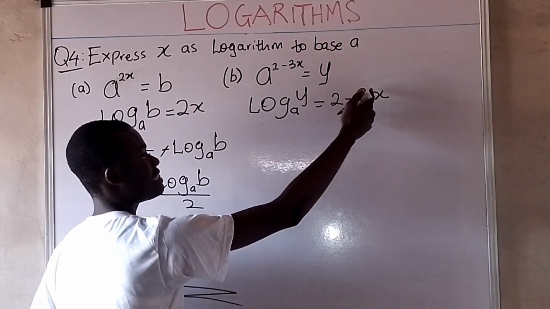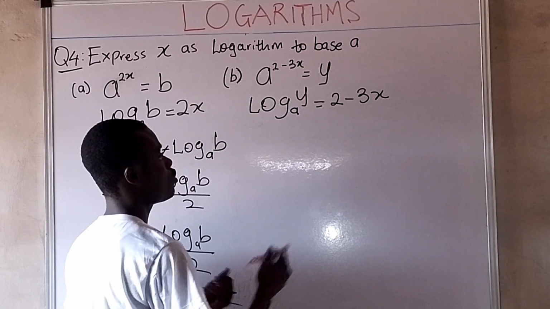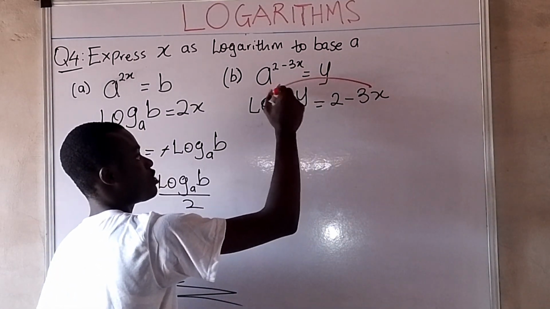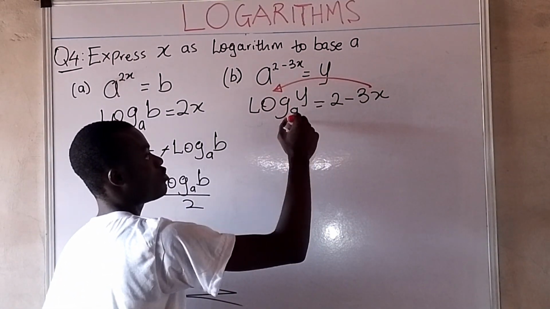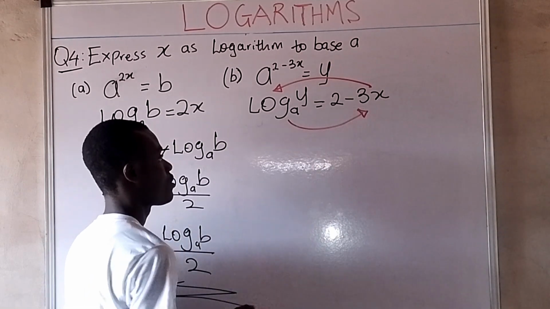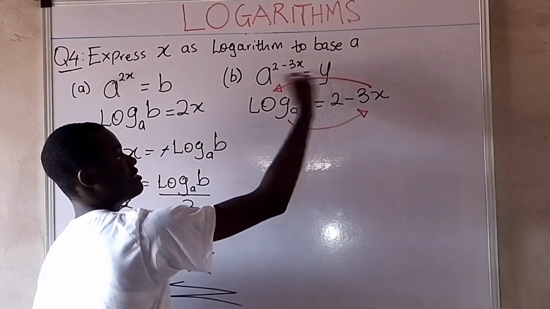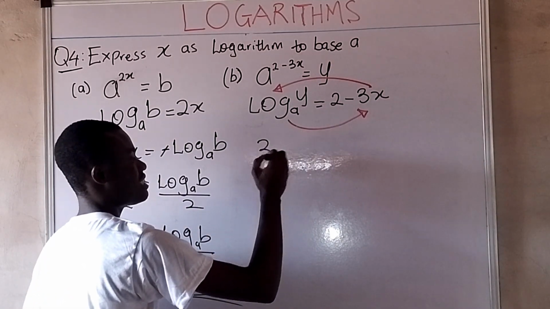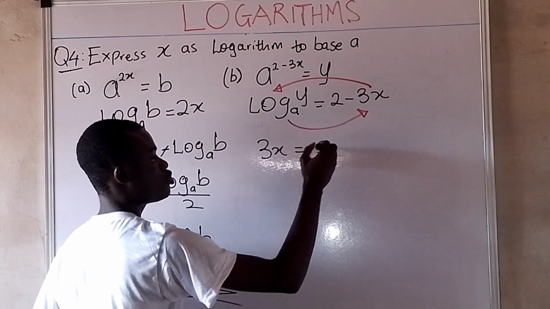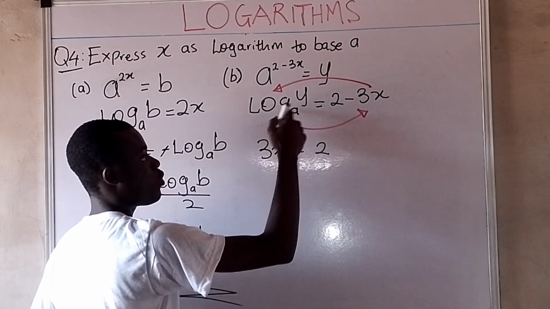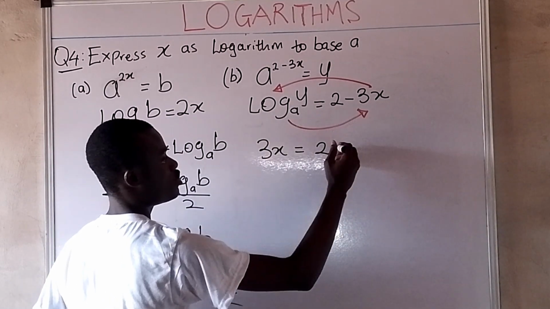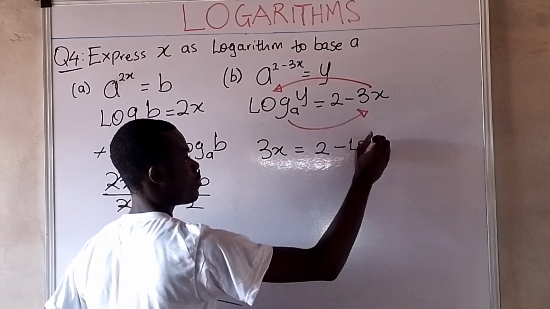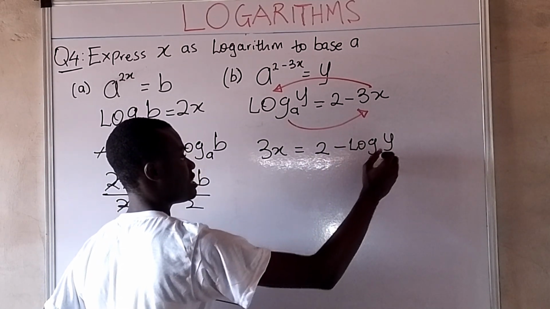So I'm going to take this 3x to the other side of the equation. Then I'll take this entire logarithm to this other side. So when I take minus 3x to this side, I'm going to have that as 3x is equal to 2. Now if I take log y to base a to its other side, it's going to be minus log y to base a.